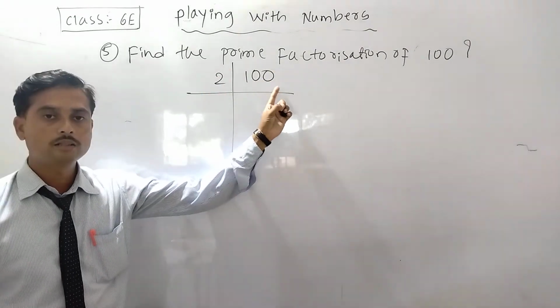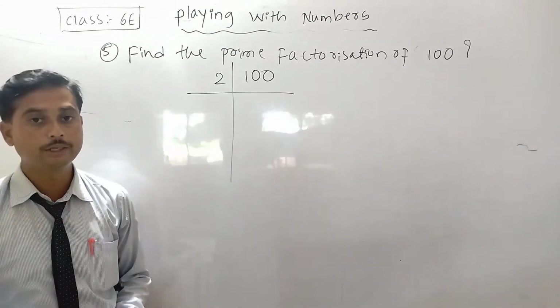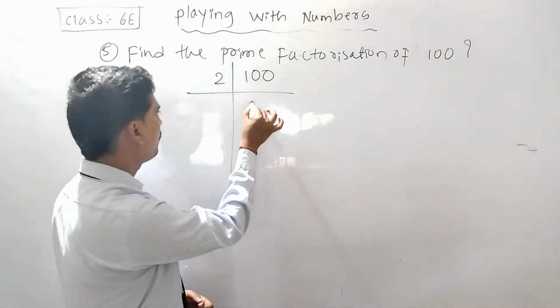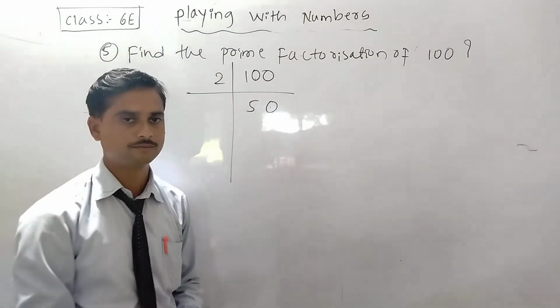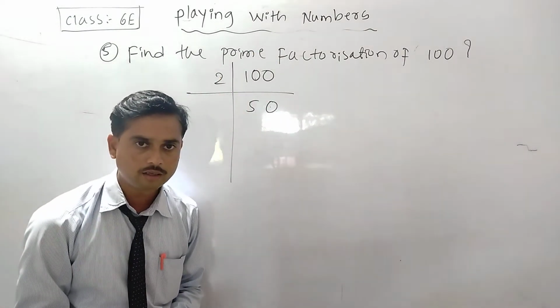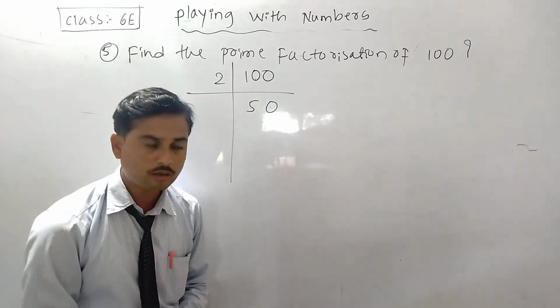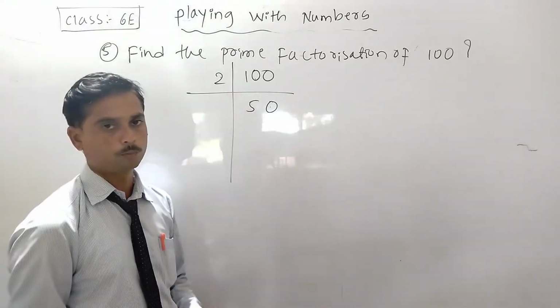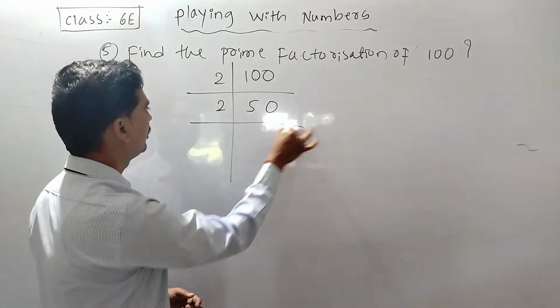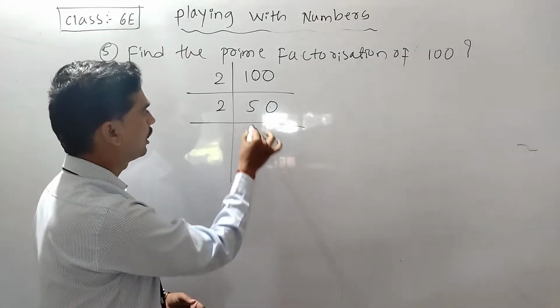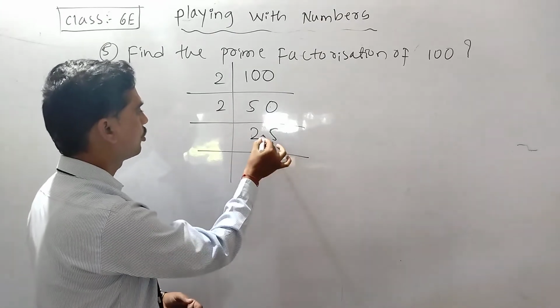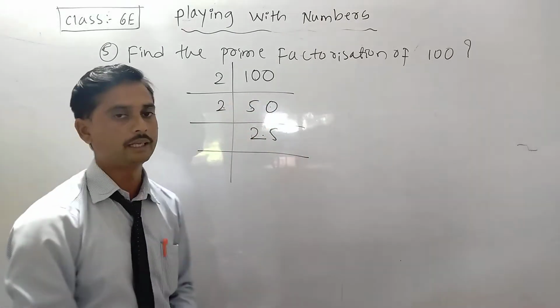The ones place has 0. 2 fives are 10 and 0, 50 twos are 100. 100 is the product of 50 and 2. Then again, 2 twos are 4, 2 fives are 10, 25 twos are 50.